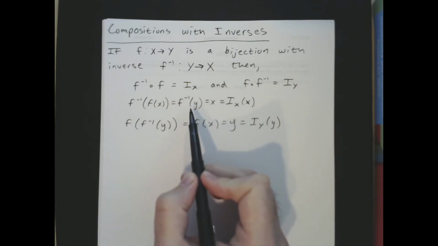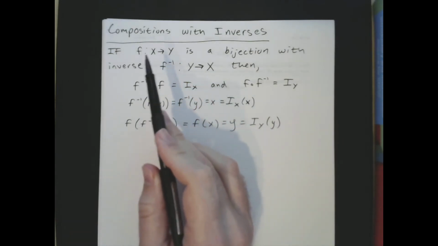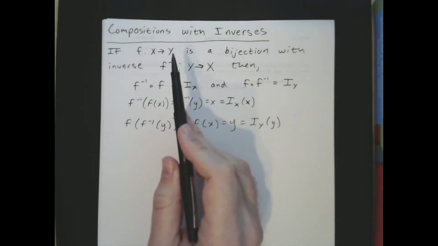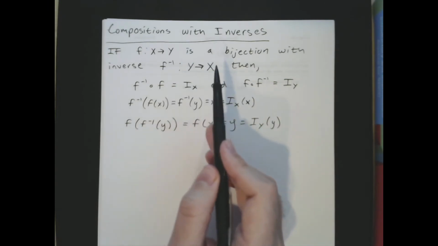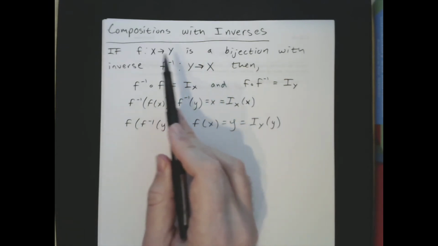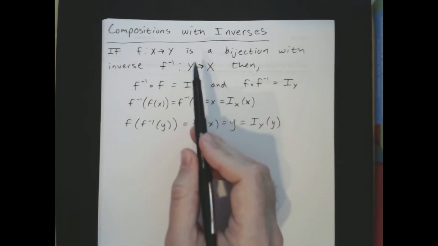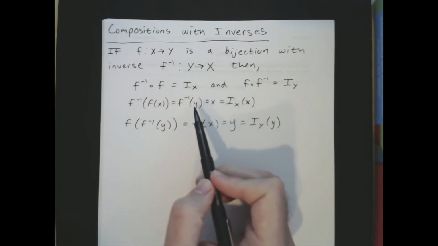So f inverse of y will take y back to x. Now, if f is not onto, that means that there's some y's that don't map back to x. Or in other words, there's some x's that never get to the y's. But f inverse can take any element of y back to x.